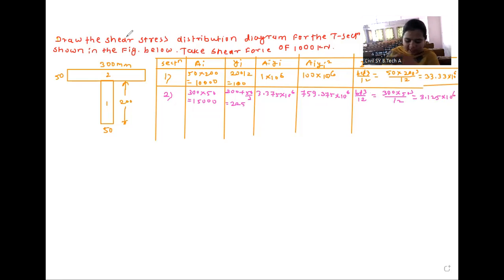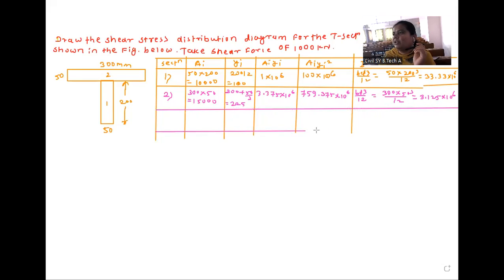After that, we will take the addition of all these parameters. So the next term is related to summation. Summation of ai is 15,000 plus 10,000, which is 25,000. After that, yi is not required. Summation of ai yi is 4.37 into 10 raised to 6.